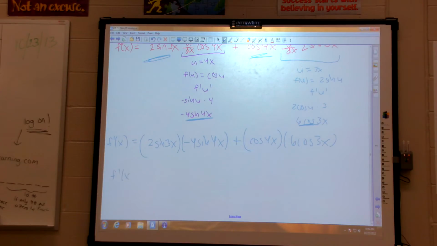F prime of x equals, here the only thing you can clean up is the 2 and the negative 4. Excuse me, negative 8 sine 3x sine 4x. Yeah? Plus 6 cosine 4x cosine 3x.